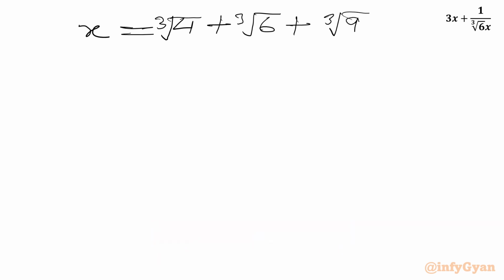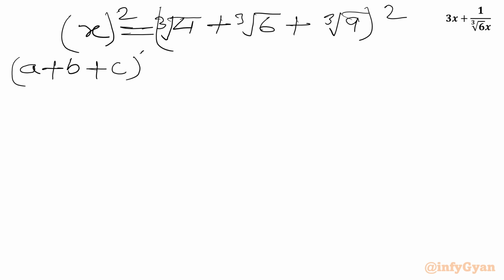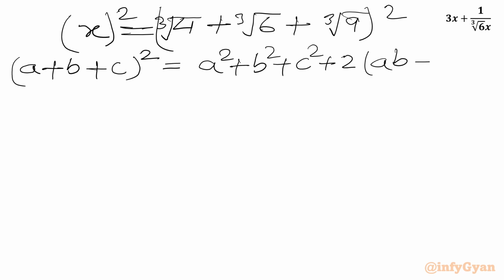Let me write x equals cube root 4 plus cube root 6 plus cube root 9. Consider squaring both sides. Now I will write one formula: a plus b plus c whole square is a square plus b square plus c square plus 2 times ab plus bc plus ca.